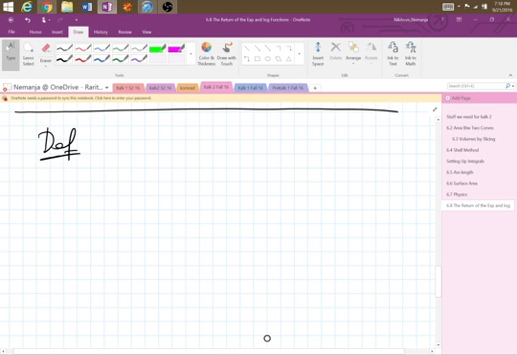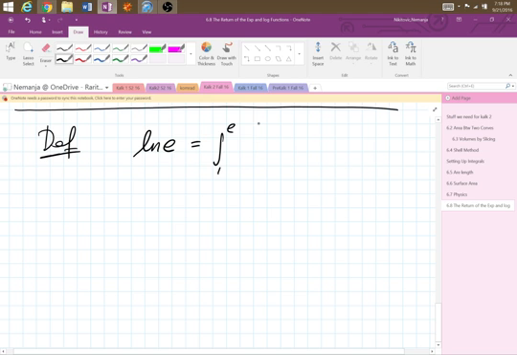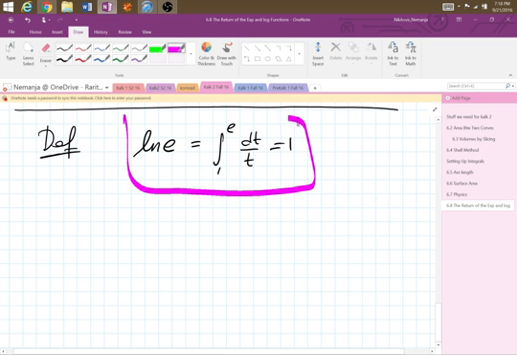It says ln e is equal to the integral from 1 to e of dt over t, which is equal to 1. Versus the other formula for e, which is the one that you should be remembering, the limit.